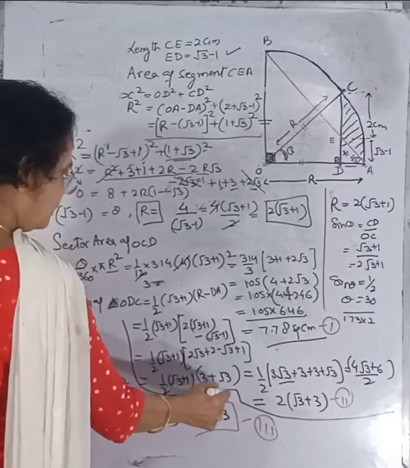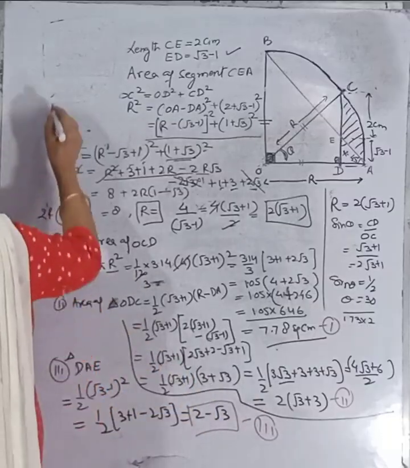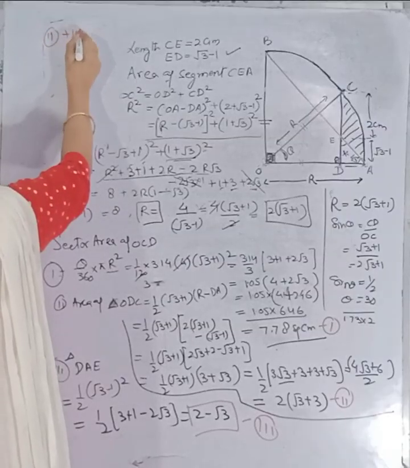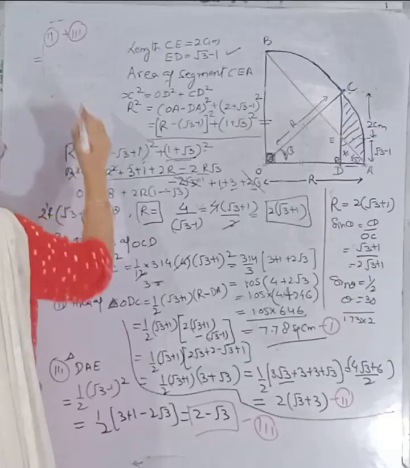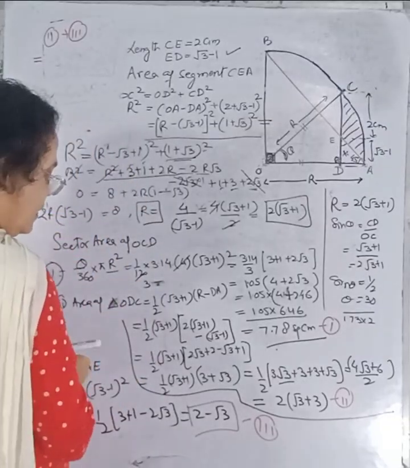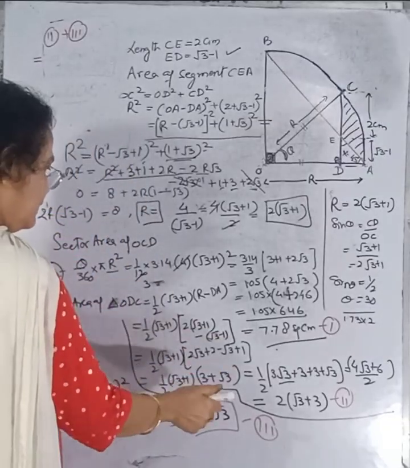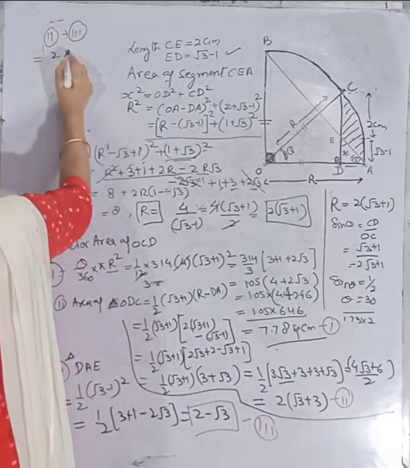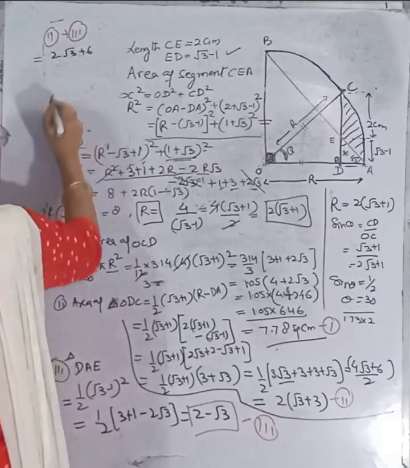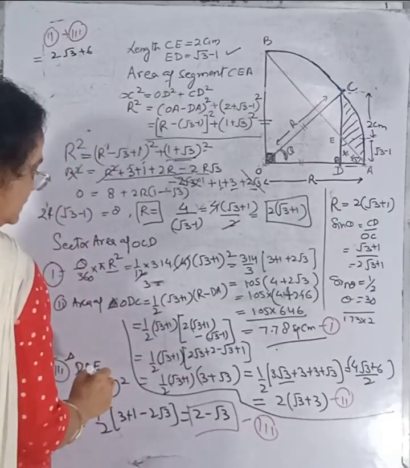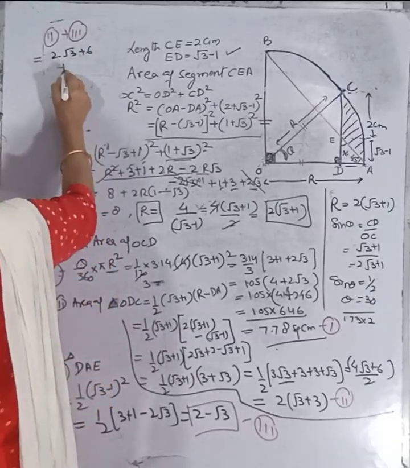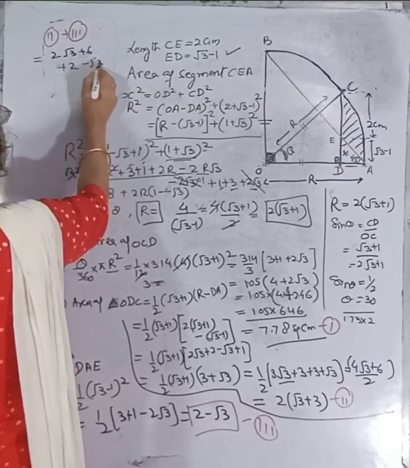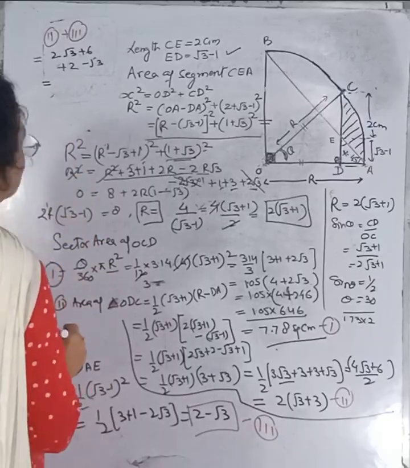Adding these two, what we get? 1 plus, second plus third. This will be equal to 2 root 3 plus 2 root 3 plus 6 plus 2 minus root 3.